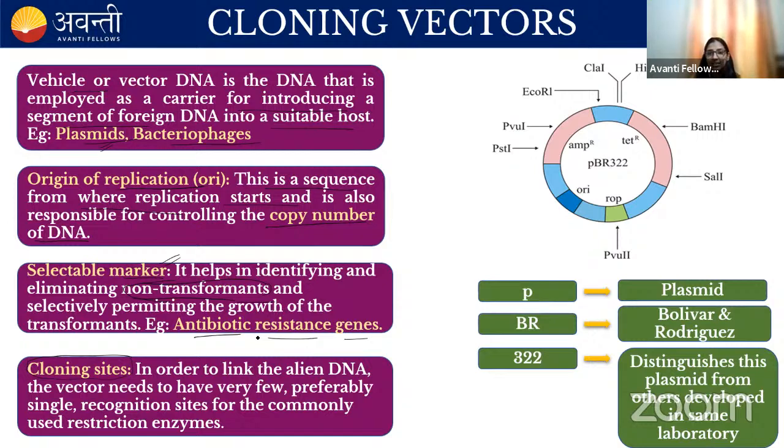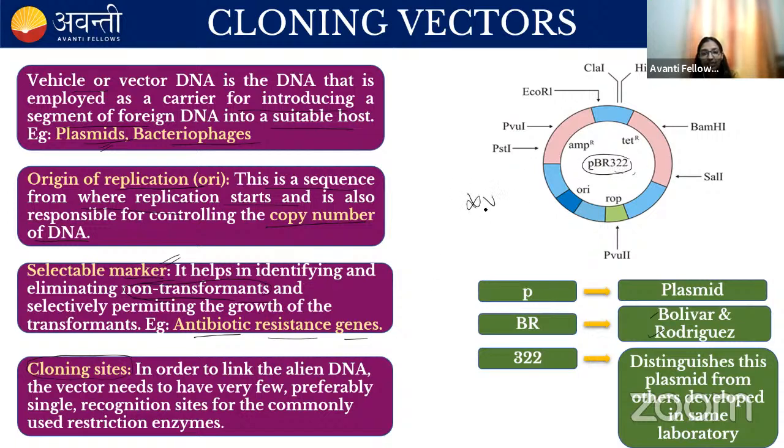For example, you can see in the figure a diagram of an artificial plasmid, or artificial vector, pBR322, where p is for plasmid, BR stands for the scientists Bolivar and Rodriguez, and 322 is the number. Like you have your roll number in the class, similarly this vector also has a number, which is 322.